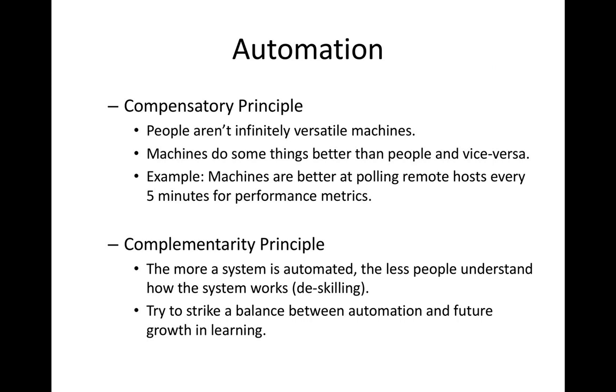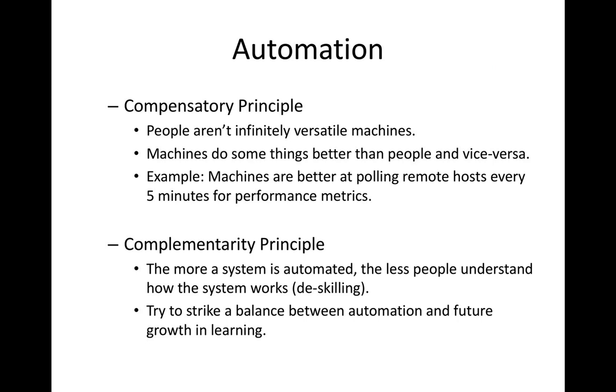If you automate everything in your organization, then over time, the people in your organization won't remember how things work anymore. They won't remember how the system works. It's this notion that you're de-skilling, or removing skills from the organization, because people don't have to do any work anymore.